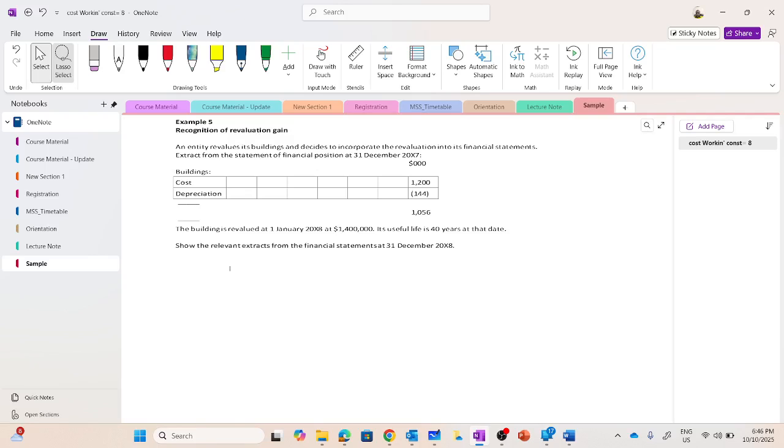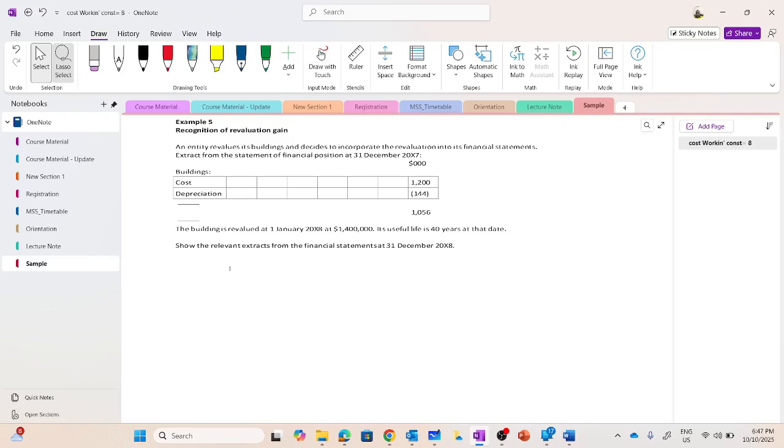This carrying value is at 31st December. So at the start of the year, 1st January 20x8, the value of the asset that will be shown in the financial statement will be 1,056. Now, the building is revalued at 1st January 20x8 at $1,400,000. Its useful life is 40 years at that date.